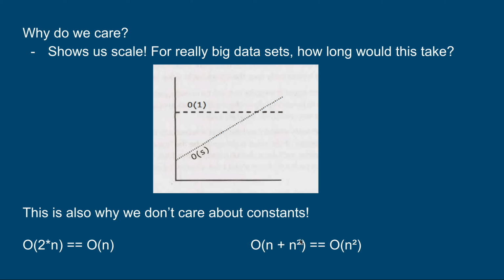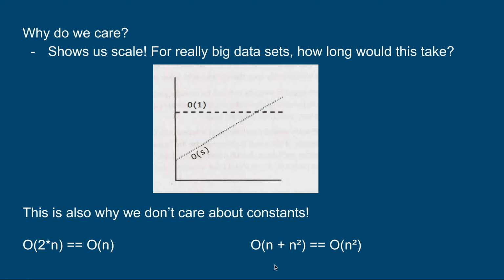So like n squared we care about, because that's n times n, right? It's not really a number. Any numbers that are here, so these are actually called coefficients, sorry, we're going to get rid of them because we just care about scale. We just care about the slope it's going to take in our graph. We don't really care about the number. So O of 2n, we're really just going to call it O of n.